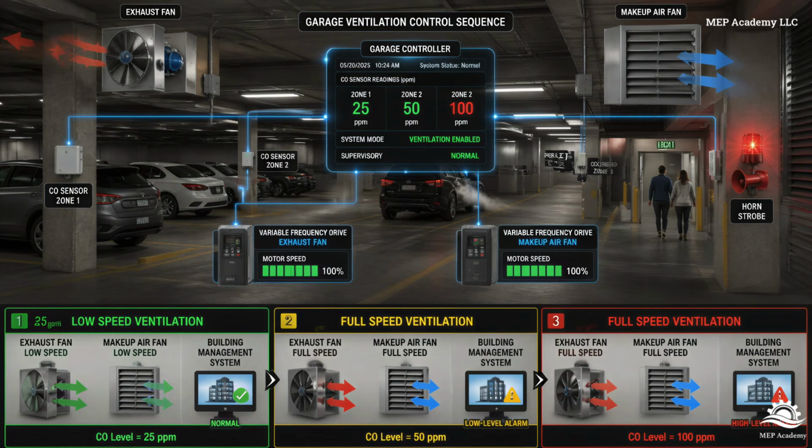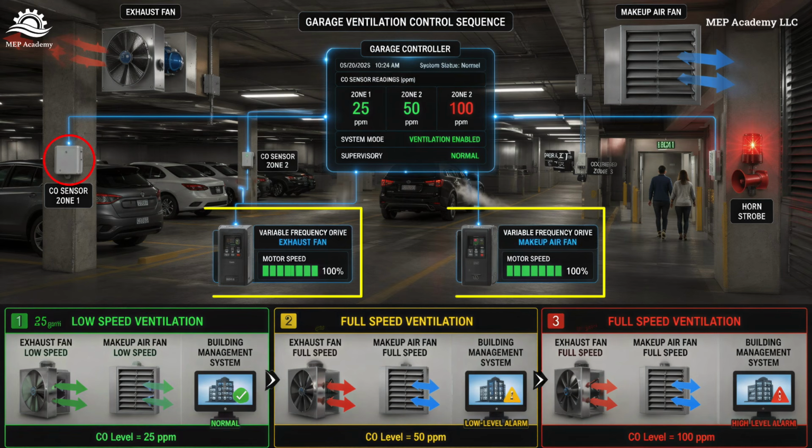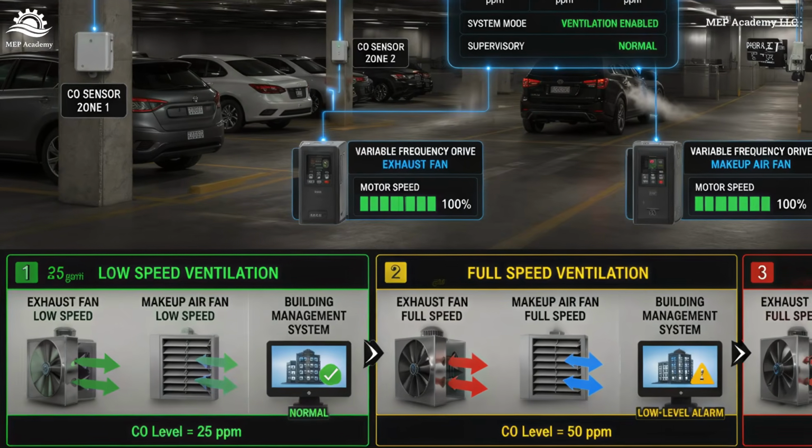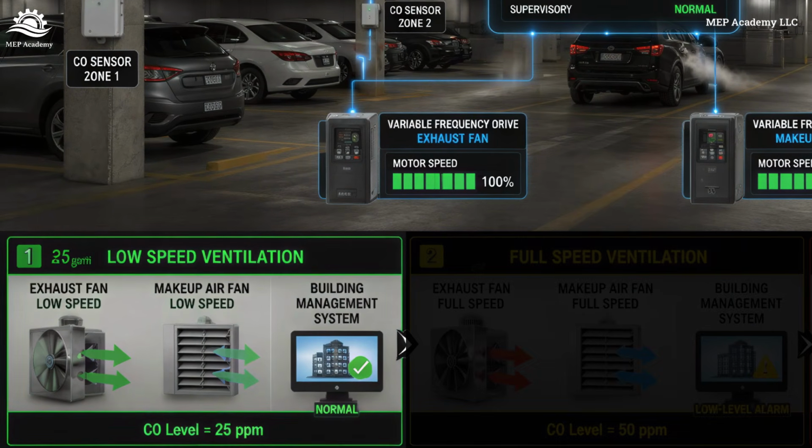In a typical control sequence, sensors throughout the garage continuously report carbon monoxide levels to the garage controller. As CO concentrations increase, the controller commands the variable frequency drives to increase the speed of both the exhaust and makeup air fans. For example, when CO reaches 25 ppm, the fans may operate at low speed.